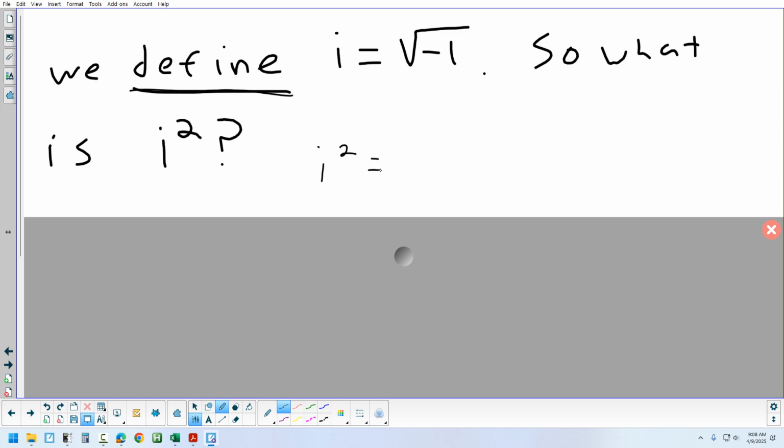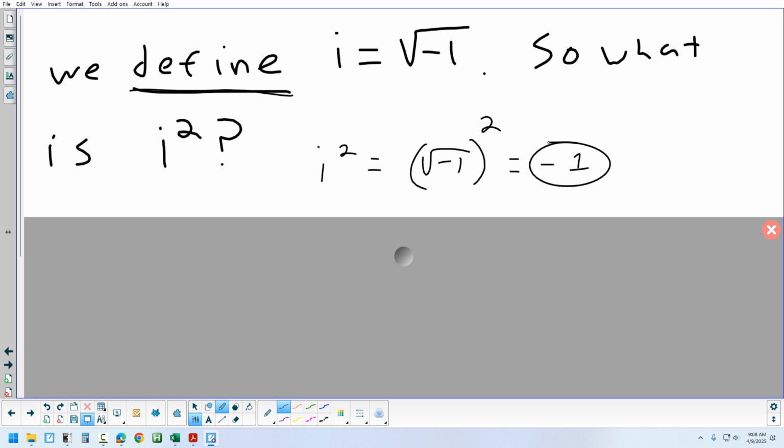i to the second power. i is the square root of -1. So i squared means to take the square root of -1 and square it. What happens when you square and square root something? They cancel out, and what are you left with? You're left with -1.